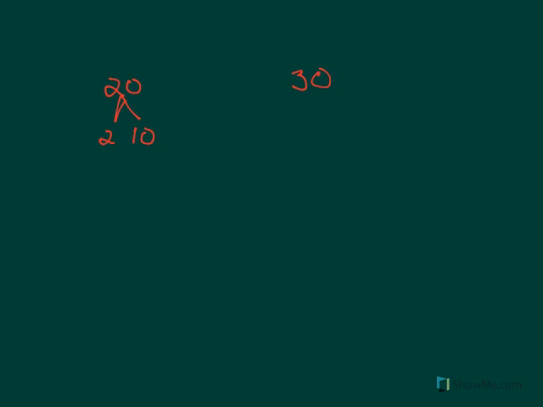And the 10, we know we could break that down into smaller factors. So that would be 2 times 5. So if we wanted to write the prime factorization of 20, it's going to be 2 times 2 times 5. So that's the smallest factorized representation of the number 20. So 2 times 2 times 5 should make 20.